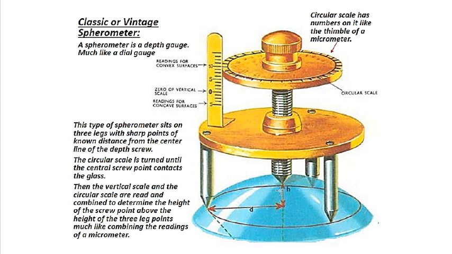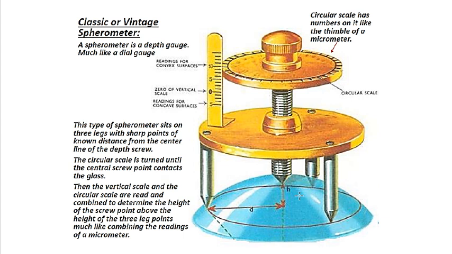You can lower it all the way. As soon as the tip of this center screw touches the surface of this spherical object, you stop, because we need to read the measurement. Then we will read this vertical scale and then this circular scale to get the final measurement reading.